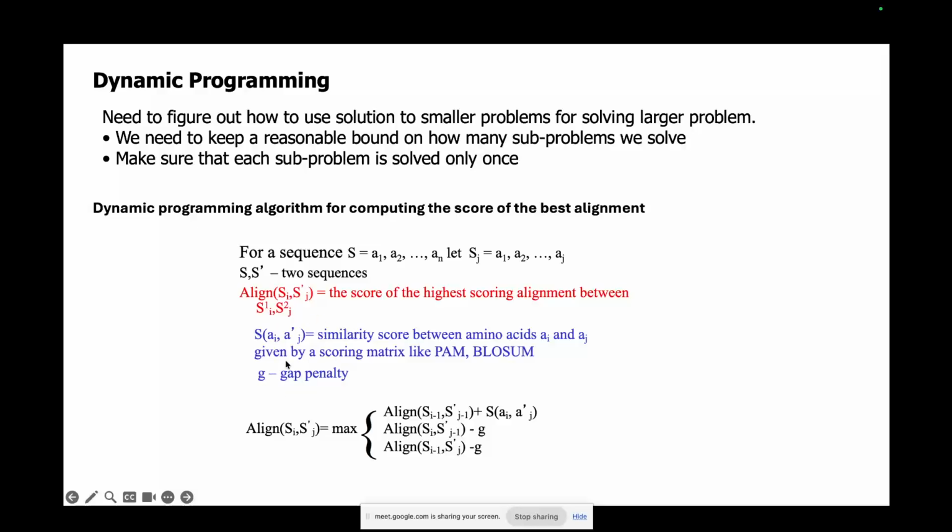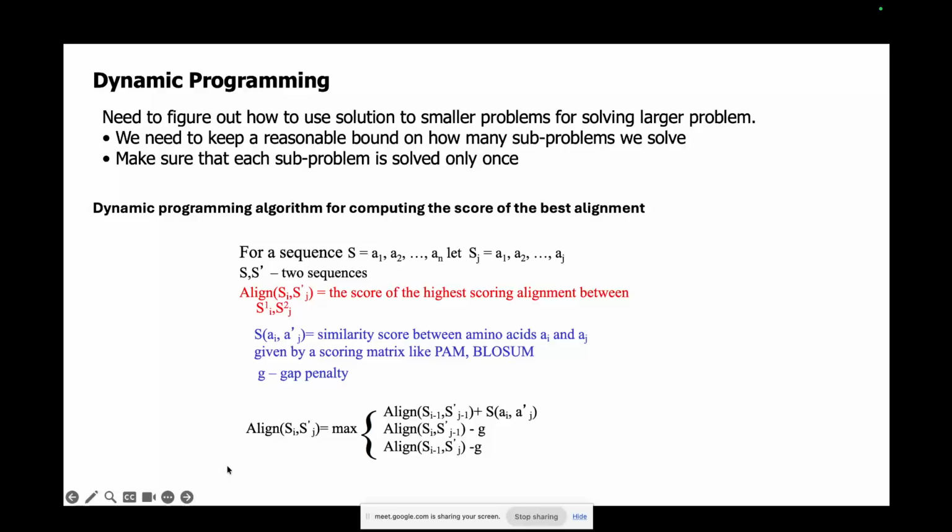You take the help of a scoring matrix, which will give you the similarity score between any pair of amino acids, for example, PAM or BLOSUM. And you also need a gap penalty to penalize for introducing gaps in the alignment, right?